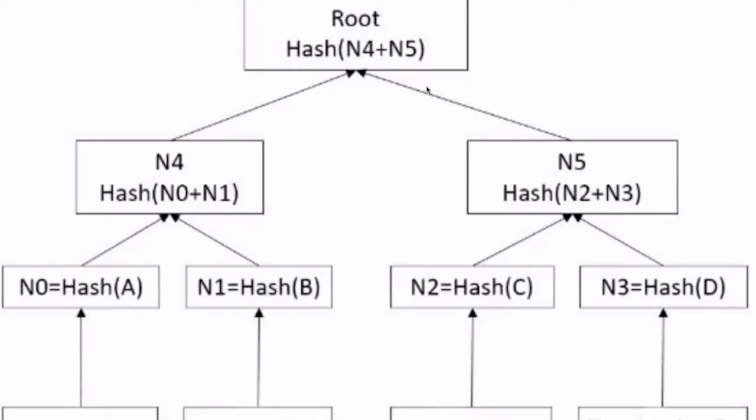Like the above example, from root to N5 to N2, all the values will change, and then we could locate the change of transaction C. Okay. Hello, Matthew. What about the implementation of Merkle Tree?